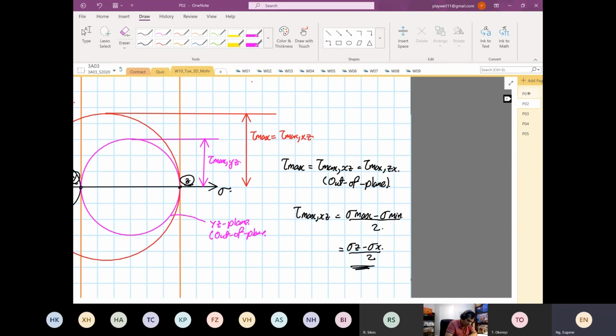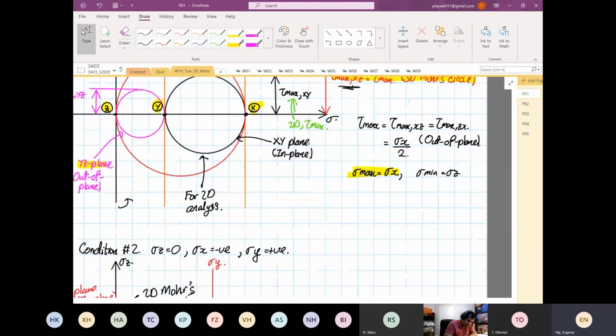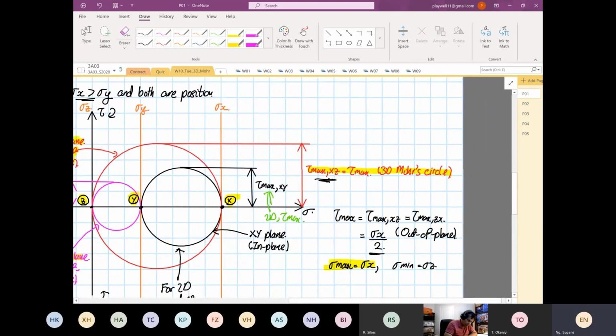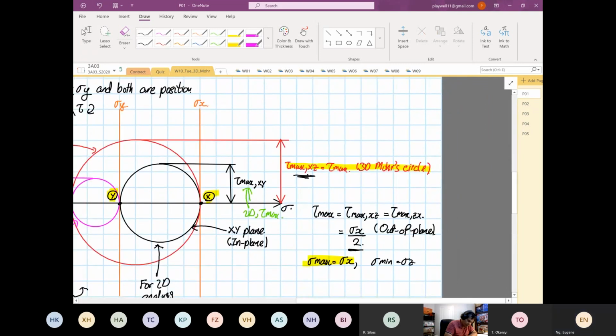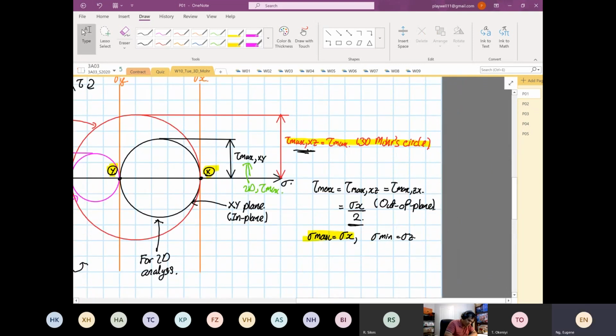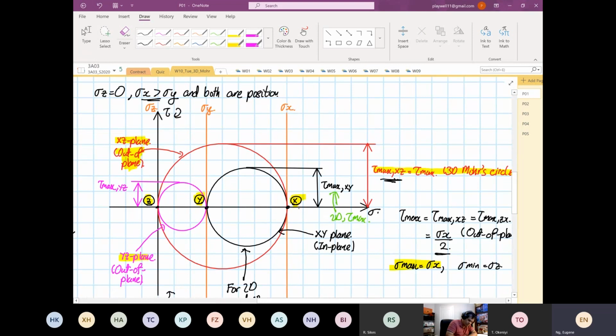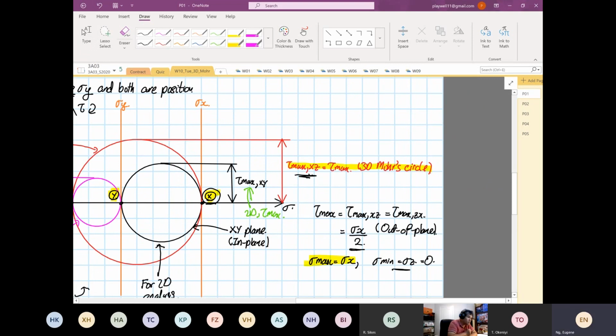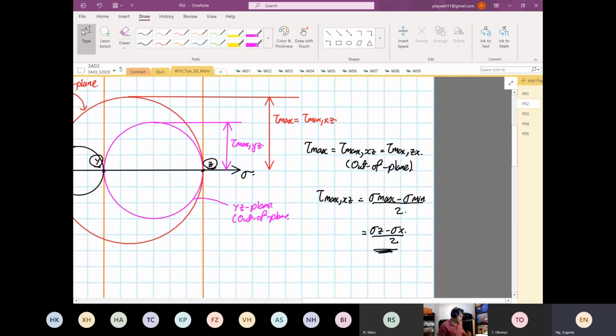Condition number 1 is where stress max is at stress X. Okay, and then the tau max is stress X divided by 2. That's it. Or stress max divided by 2, because your mean over here is equal to 0. Okay, for the first case. For this case, it is stress Z minus stress X. Okay, so for 3D Mohr circle, we're going to have these 3 conditions.